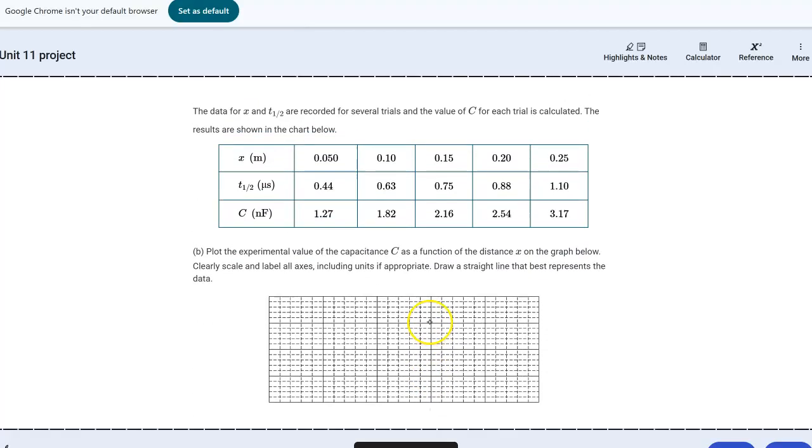So now we're going to plot the data points, plot the experimental value of the capacitance C. Okay, so this would just be plotting data. That's pretty straightforward. Our x-axis, 0.05, so we could just do it in 0.05s.